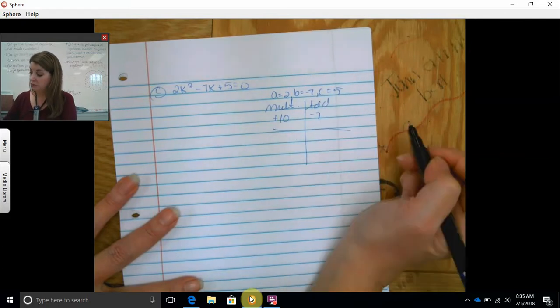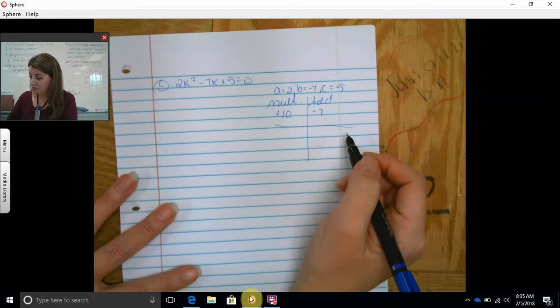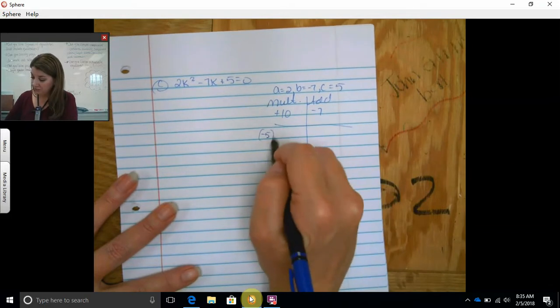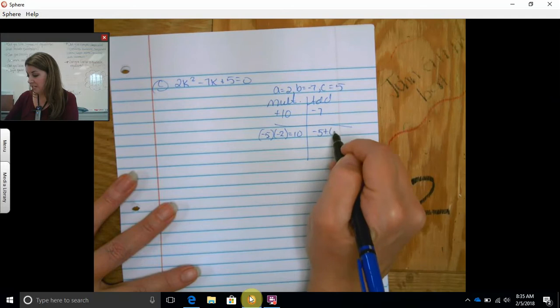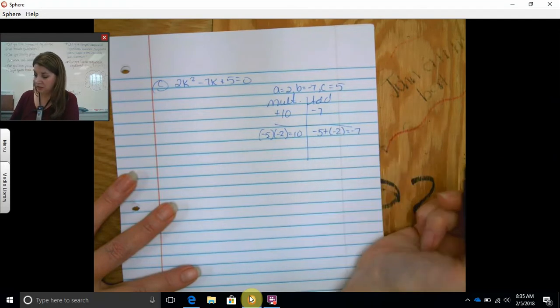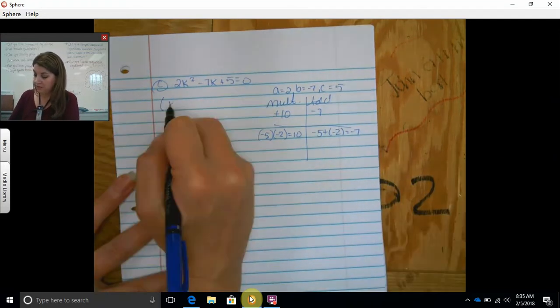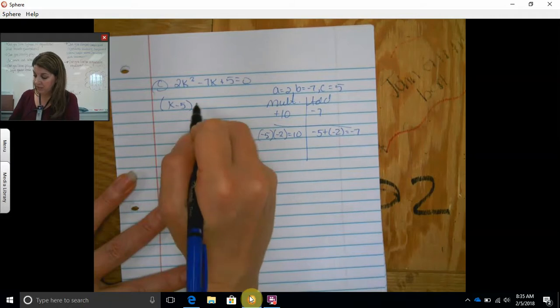Negative 5, negative 2. Negative 5 times negative 2 is positive 10. Negative 5 plus negative 2 is negative 7. Good job. So I have k minus 5 and k minus 2.